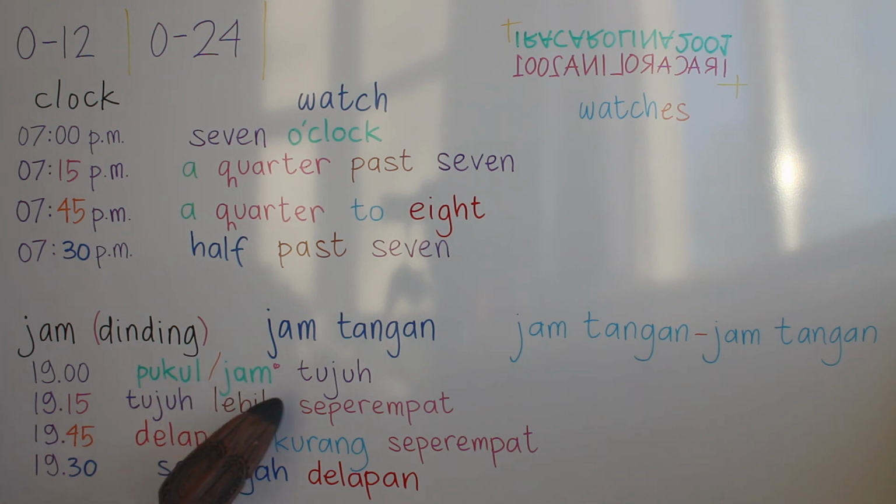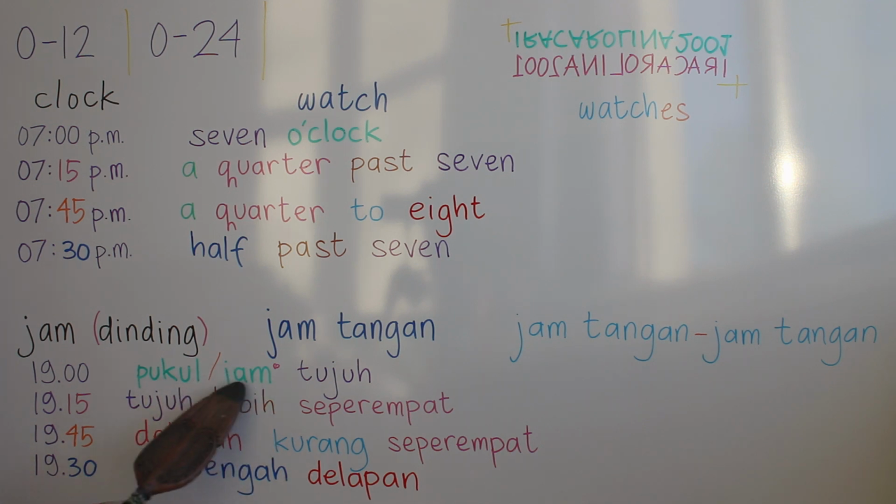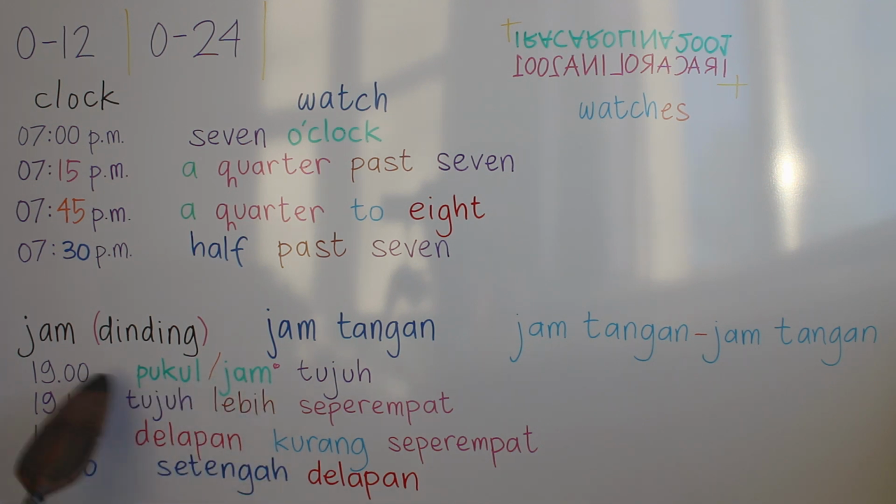But in daily activities, even myself, I say jam instead of pukul. On formal occasions, we use pukul. In daily activities and casual conversation, we use jam most of the time.